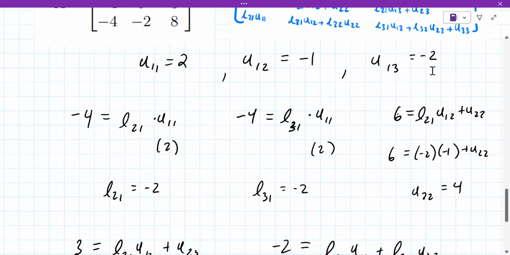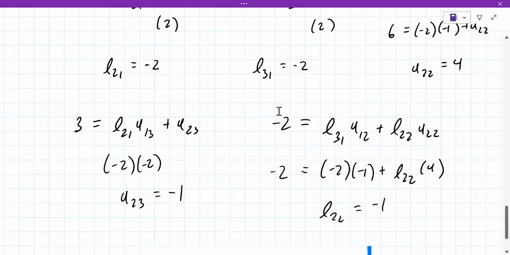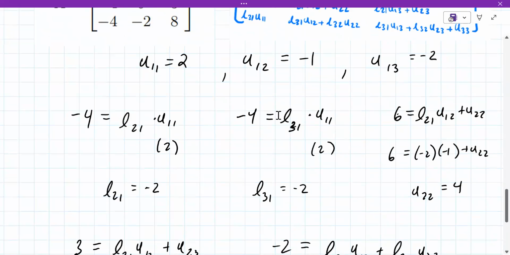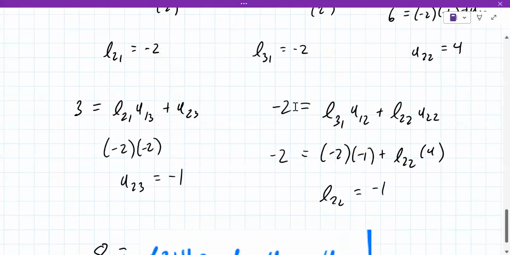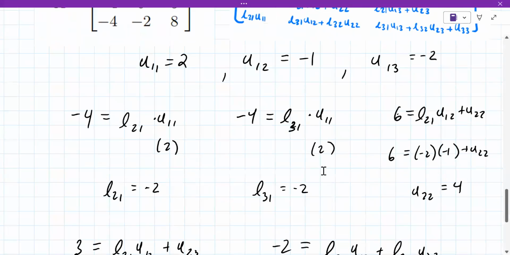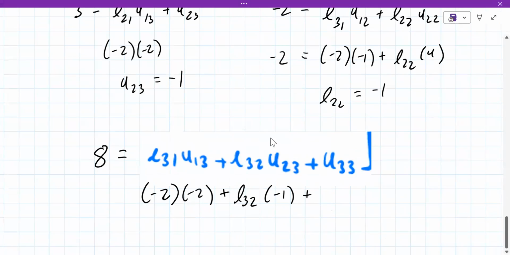U13 is -2 plus L32, wherever that is. Yep, that's what we're solving for. U23 is -1 plus U33, which we don't have. I missed something here. L32.